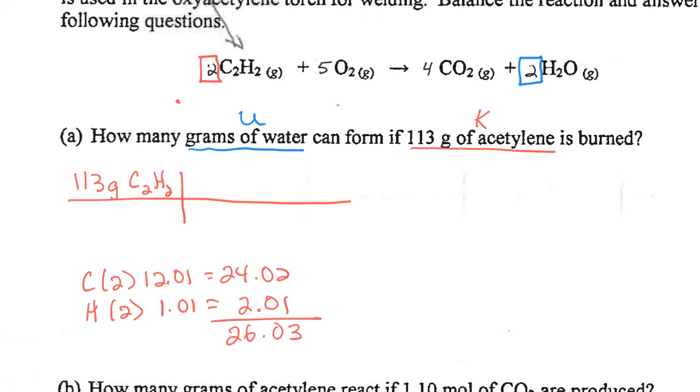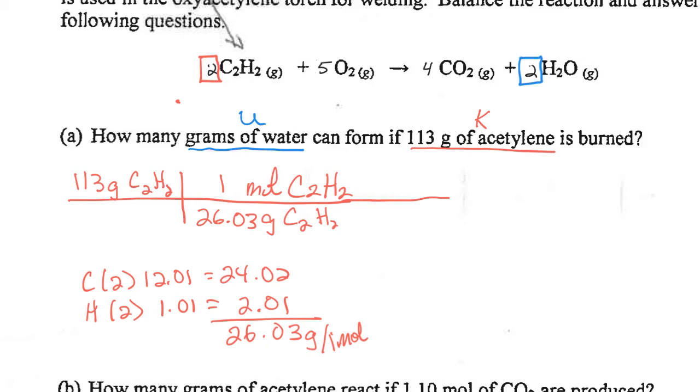So a mole of C2H2 is going to weigh 26.03 grams per 1 mole. So I need grams on the bottom of C2H2, and that's going to be 26.03 grams per 1 mole of C2H2. So now I've just done my molar mass.